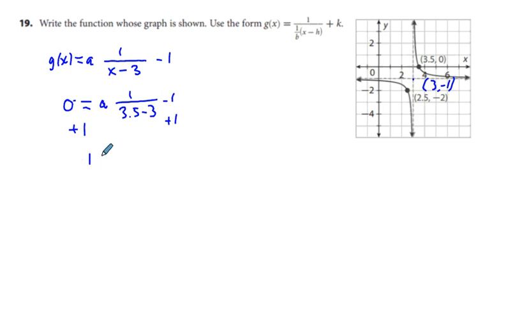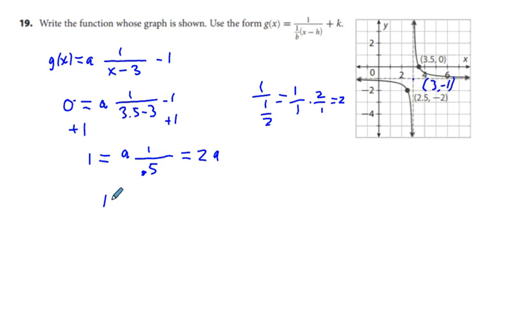So what we have here is we can add 1 to both sides. So we have 1 equals a times 1 over, and 3.5 minus 3 is 0.5, and 1 over 0.5, or 1 over 1/2, equals 2. So here we have 2a.